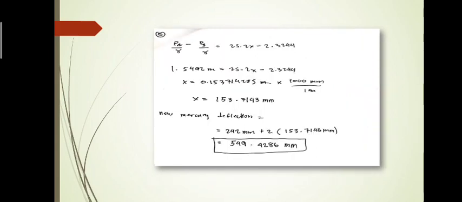So ato na ni substitute 1.5492 meter equals 25.2x minus 2.3244.